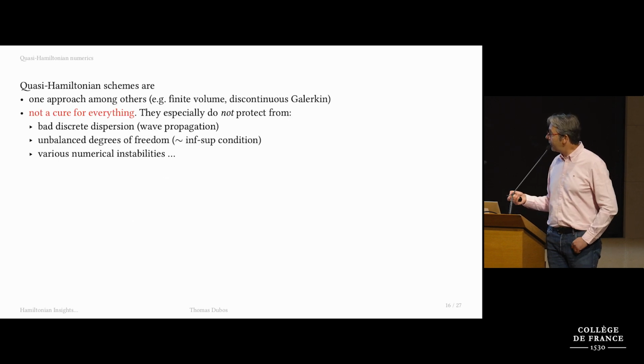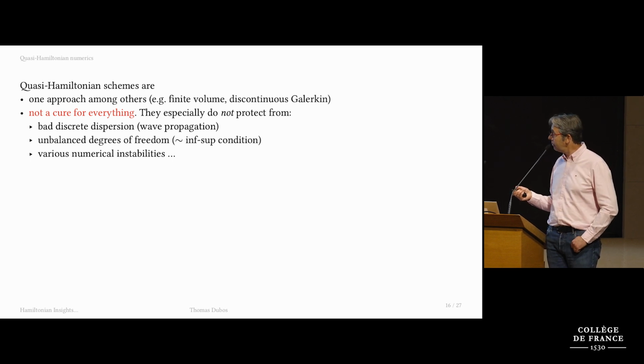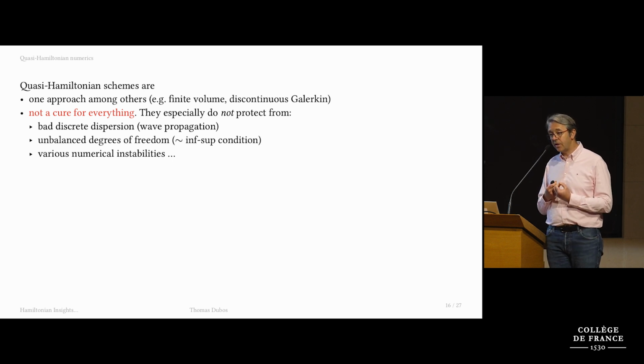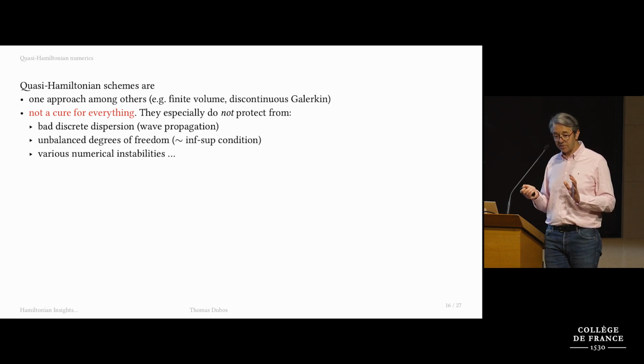So just to conclude on that part, quasi-Hamiltonian schemes are just one way of thinking about these schemes. It's by far not the only one, and it's not a cure for everything. One should not exaggerate the advantages of using this procedure. Basically, you get conservation of energy, and that's it.